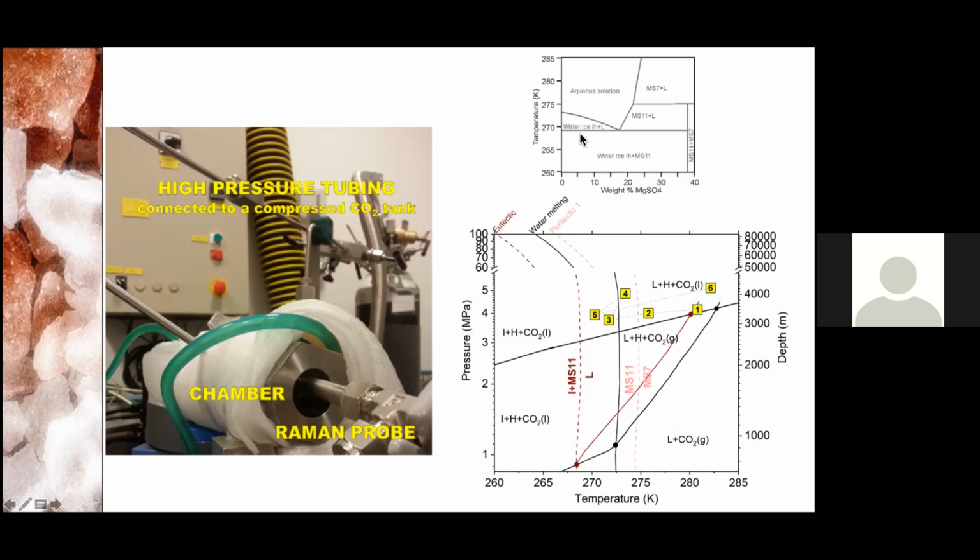This line here, which is the melting line, is this one. And this one that marks the change from magnesium sulfate with 11 molecules of water to epsomite, the magnesium sulfate with 7 molecules of water, is here. Okay, so we made some experiments changing the pressure and temperature like this, 1, 2, 3, 4, 5, and see what happened.